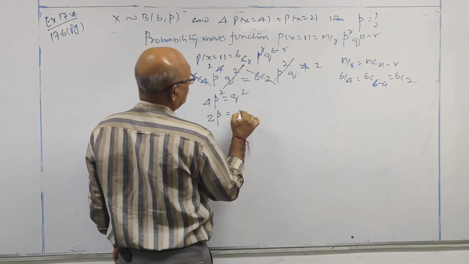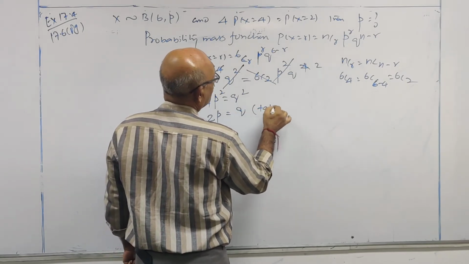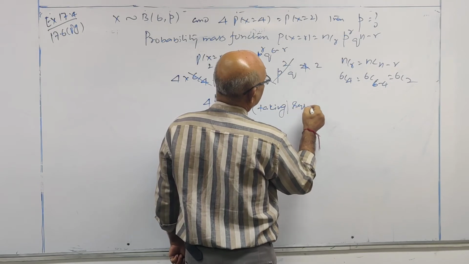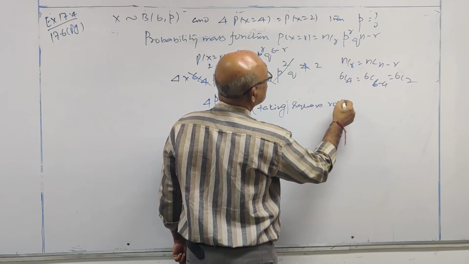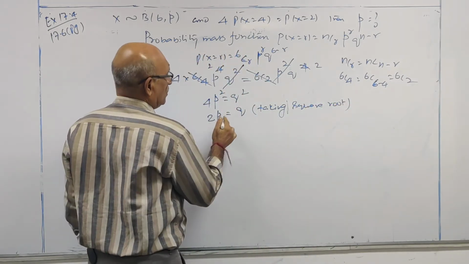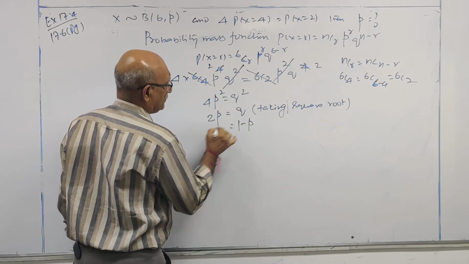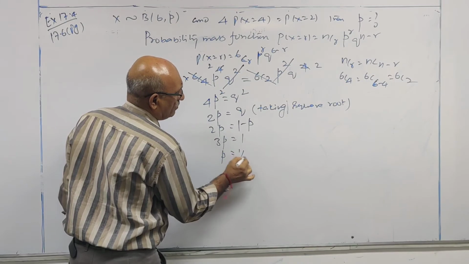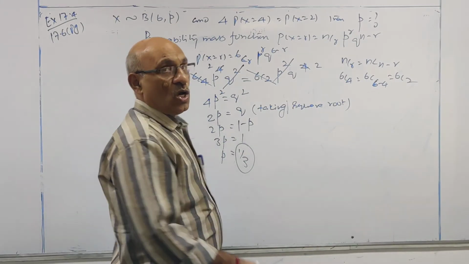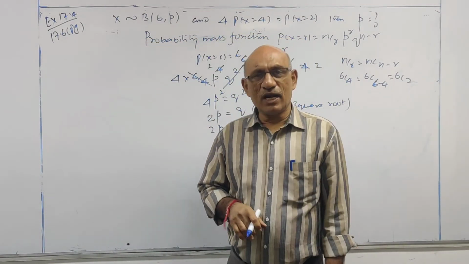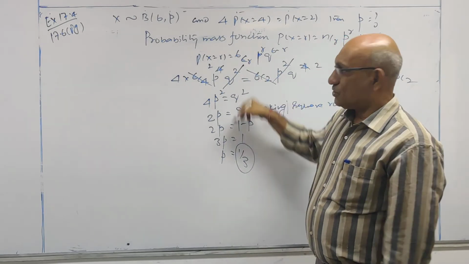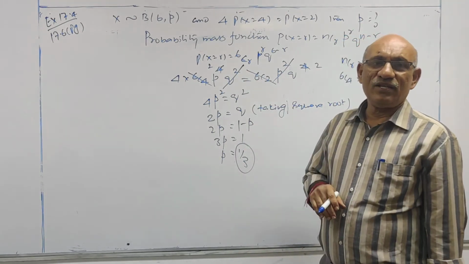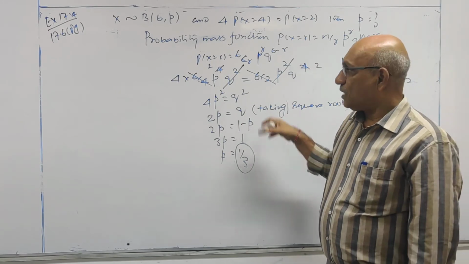Taking square root, 2p is equal to q, so 3p is equal to 1, p is equal to 1 by 3. How simple it is. Don't look at the solution given in your ICAI material. Just go with your presence of mind and common sense. You can complete this in less than 1 minute. Okay? Note down the solution.